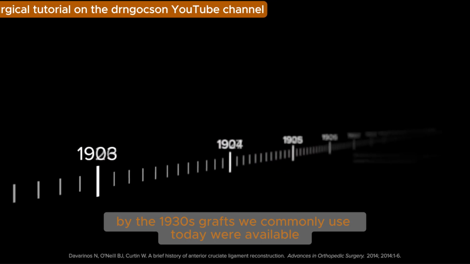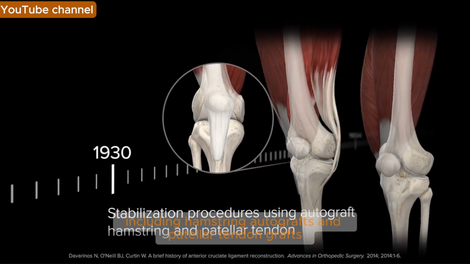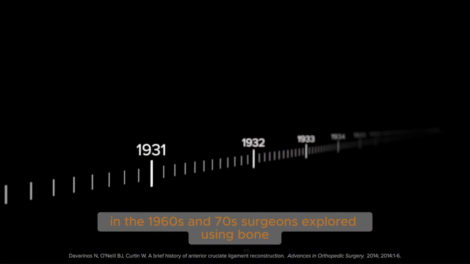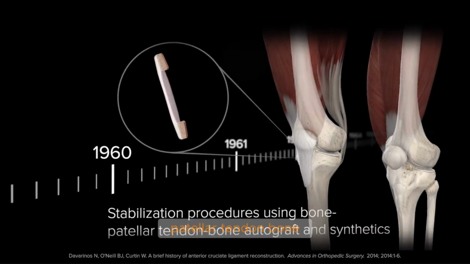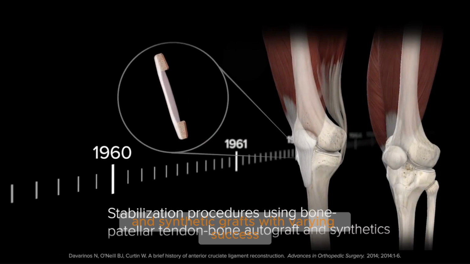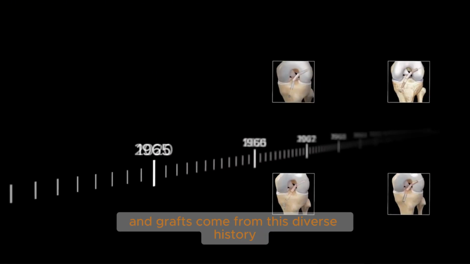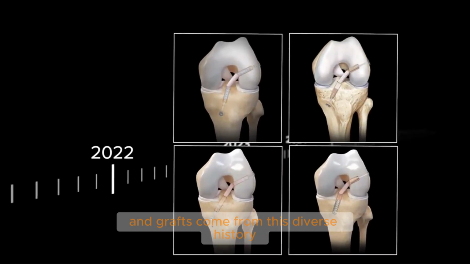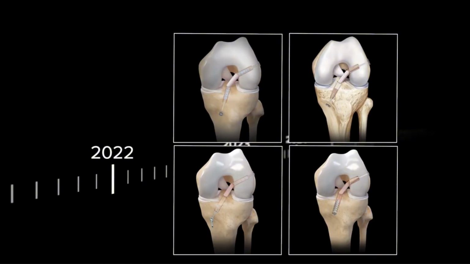By the 1930s, grafts we commonly use today were available, including hamstring autografts and patellar tendon grafts. In the 1960s and 70s, surgeons explored using bone patellar tendon bone and synthetic grafts with varying success. Current reconstruction procedures and grafts come from this diverse history, though even today we continue to explore options for improved ACL reconstruction and repair outcomes.